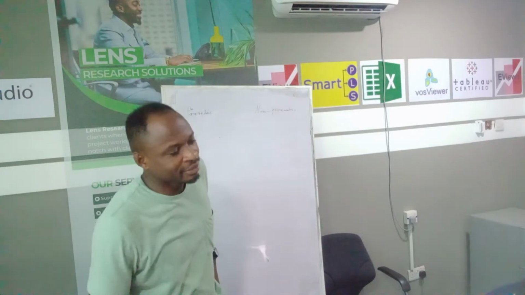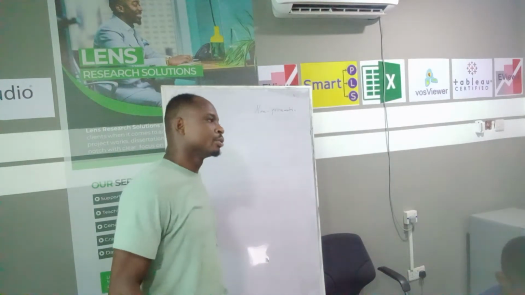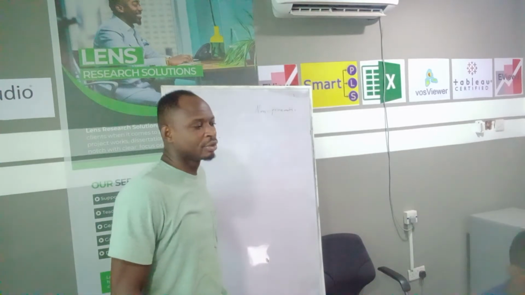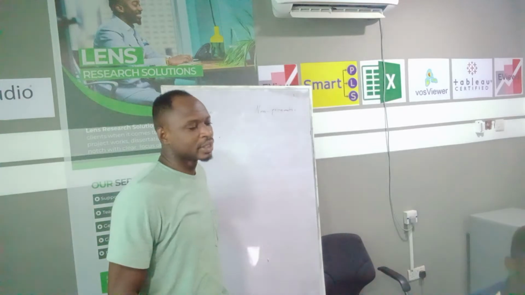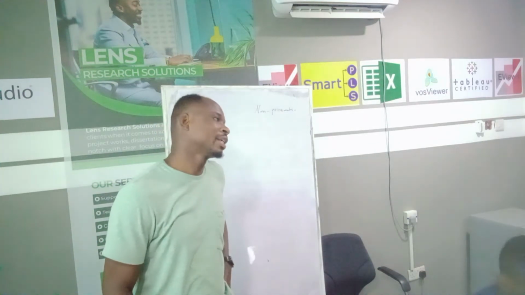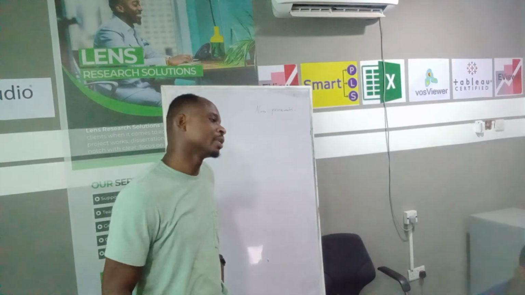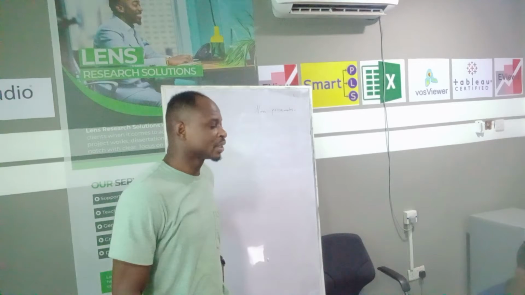So when you get your data, you do your coding, then you do your data entry, and at the end of it, you clean your data. We are believing that the data file that I've given to you is cleaned. It has undergone all those processes.